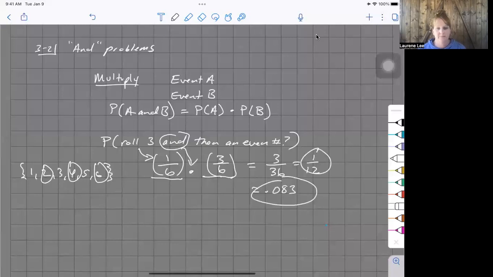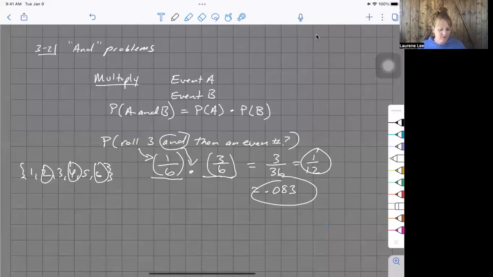Here's how you can think about whether your answer makes sense. With an AND situation, I'm dictating more parameters. I'm saying this has to happen and this has to happen, and so the likelihood of the whole scenario goes down. Your probabilities are typically going to be lower in this section than they were in 3-1.